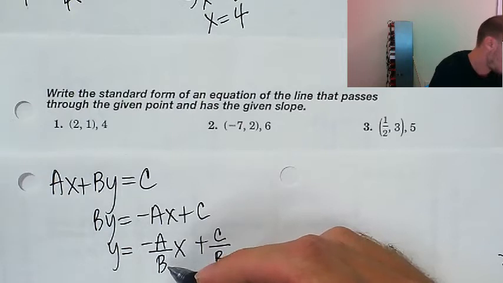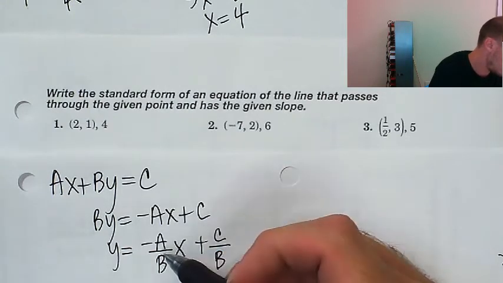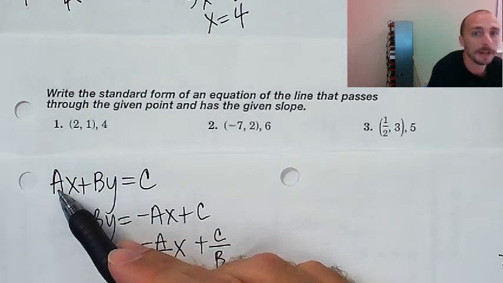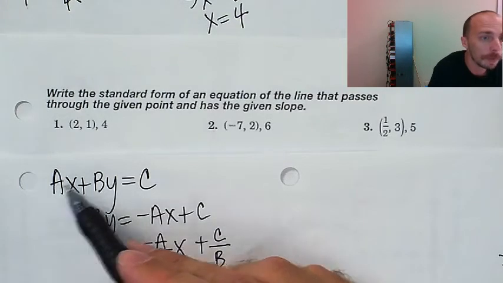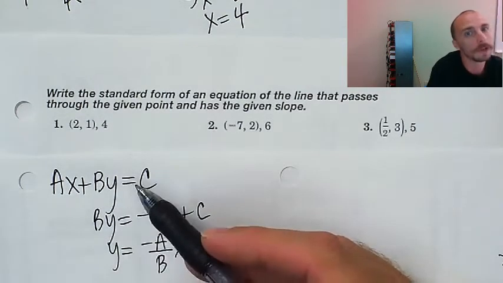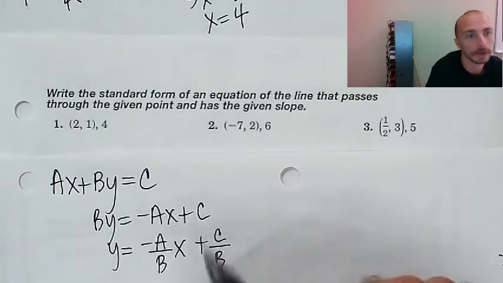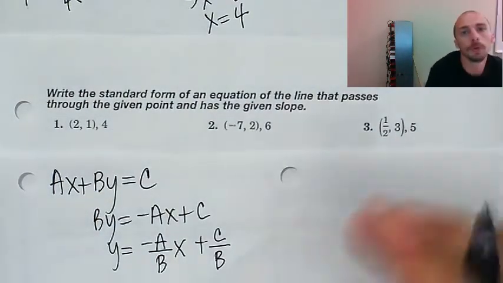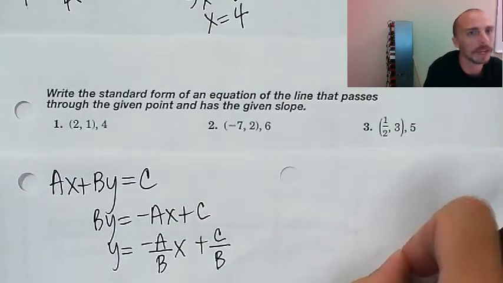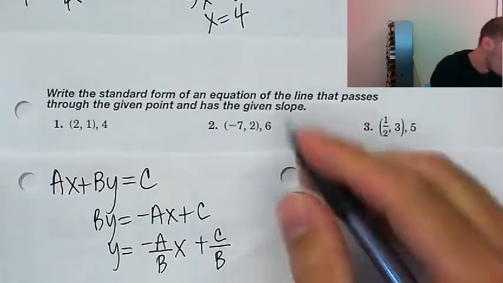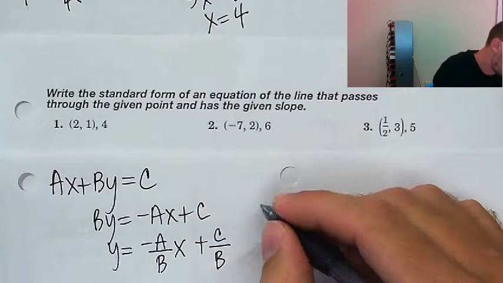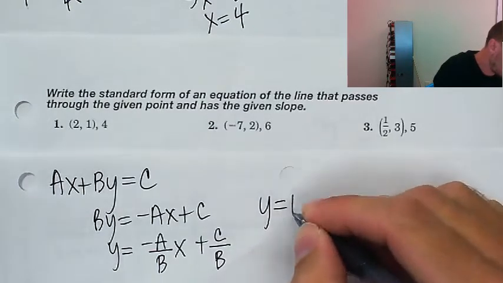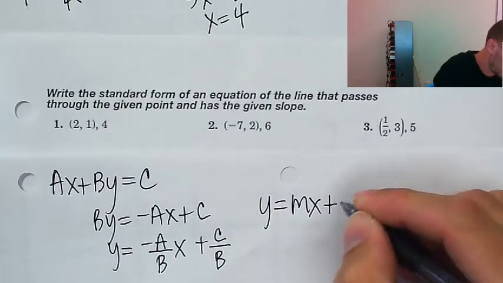So what I'm saying basically is we can make a the negative of the slope, make b equal to 1, and then figure out what c is. That's my plan. I'll do it forwards one way, and then I'll just use the shortcut after that. So if I was going for y equals mx plus b, let's say on number 1.